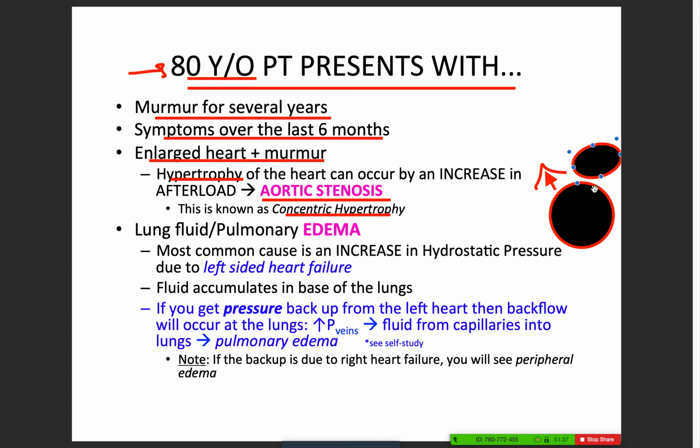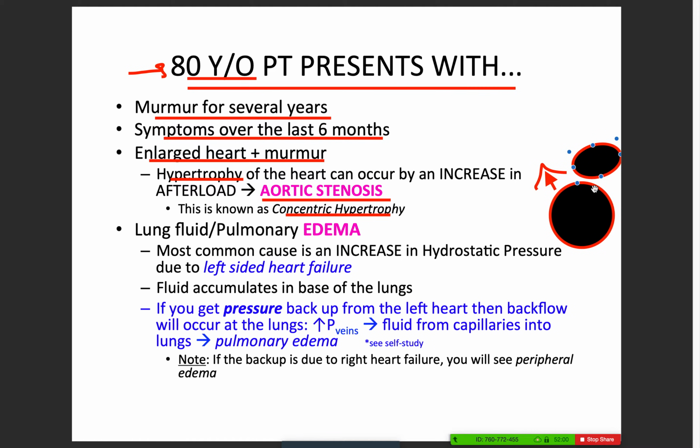Whenever you have these vessels that get congested, we have something called Starling's formula, where you have the hydrostatic pressure, the oncotic pressure, all those different pressures working together. What's going to happen is fluid is going to move over the wall. The hydrostatic pressure is increasing in the capillary, meaning fluid's going to start to move over that wall.